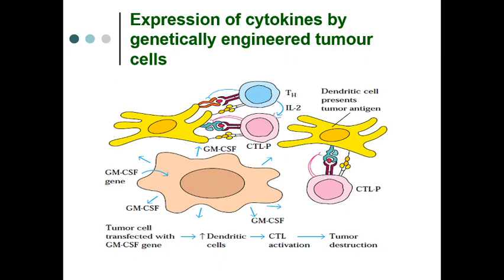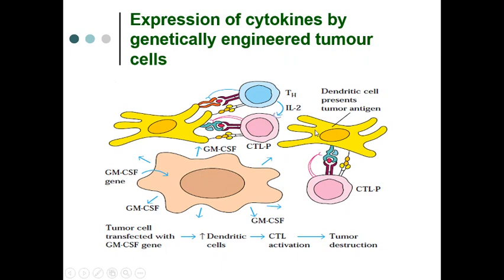As shown in this diagram, the tumor cell which is transfected with the GM-CSF gene is now expressing GM-CSF in large amounts, and that genetically modified tumor cell is given back to the patient, and in the patient the GM-CSF secreted will trigger the enhanced growth of dendritic cells as well as the macrophages.